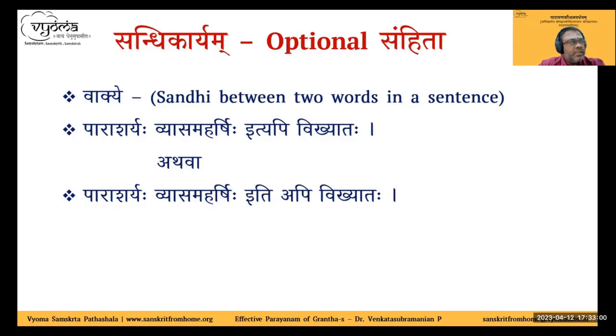In both these cases, the samhita is optional. So a person who is telling this sentence can tell it as ityapi vikhyataha. He can also tell it as iti api vikhyataha. That's an option he has.